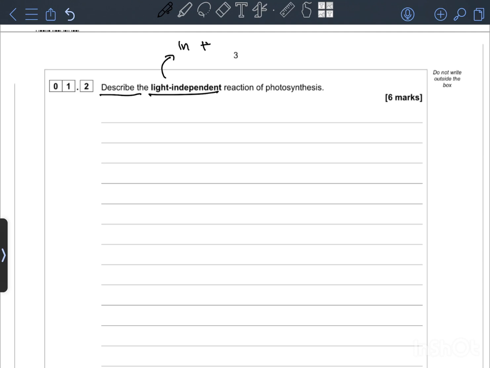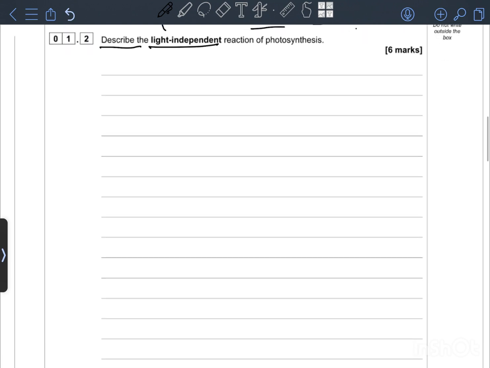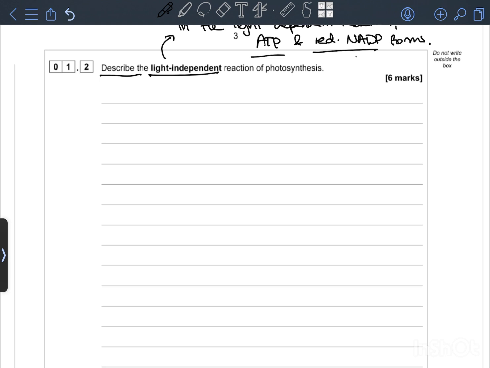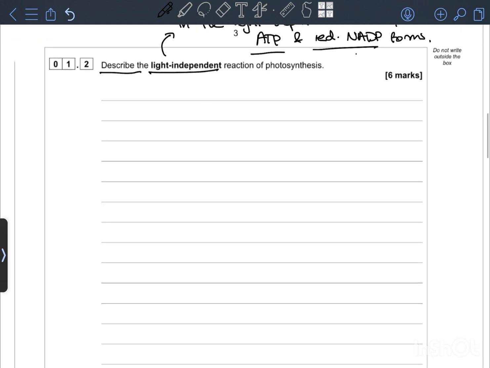In the light dependent reaction, we know that ATP and reduced NADP form. So we need to use up these two molecules in the next reaction, the light independent reaction.